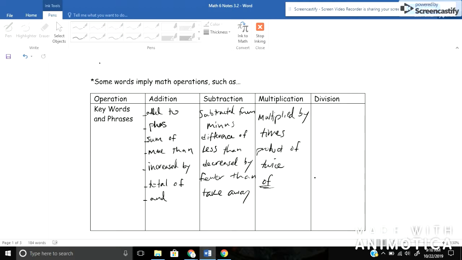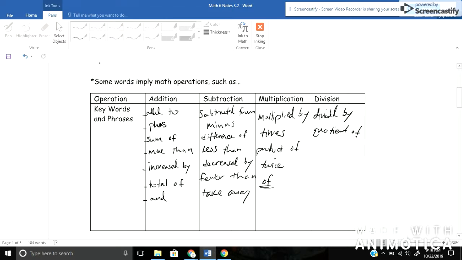And lastly, for division, we've got divided by and quotient of. So not quite as many, but there are some other ones that aren't listed here.